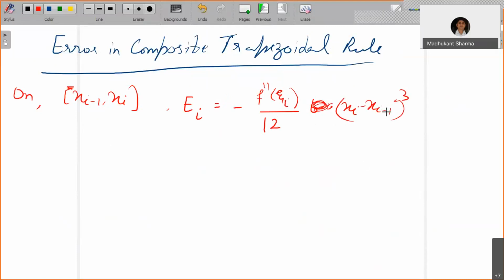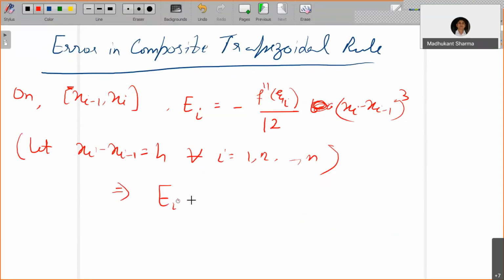Okay, now if you say they are uniformly spaced, so we are having uniformly spaced points, x_i minus x(i minus 1) is equal to h for all i equal to 1 to n. Then e_i is minus f second derivative at c_i by 12 times h cube.